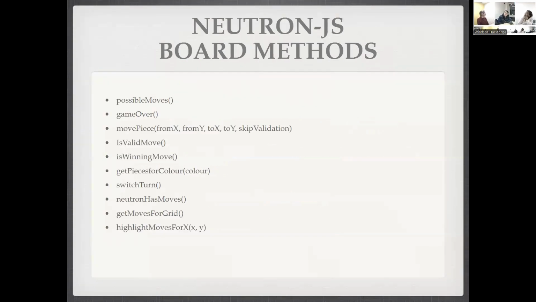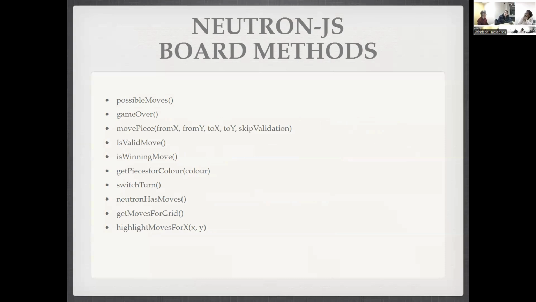The board methods are all supporting methods. There's a lot in Neutron because Neutron is a more complicated game. In Tic-Tac-Toe, you only really need the first three: What are the possible moves? Is the game finished? And move a piece. In our case, we need a few more.